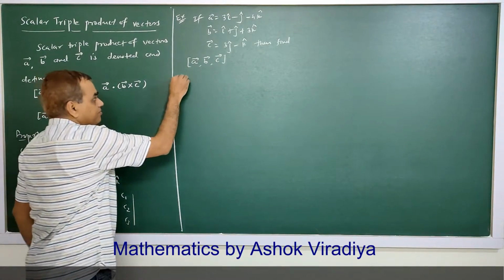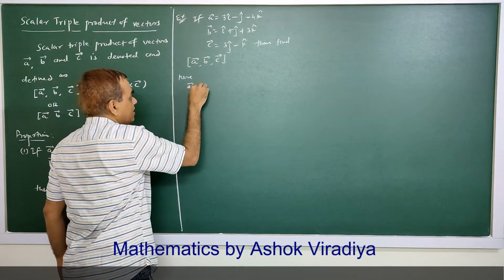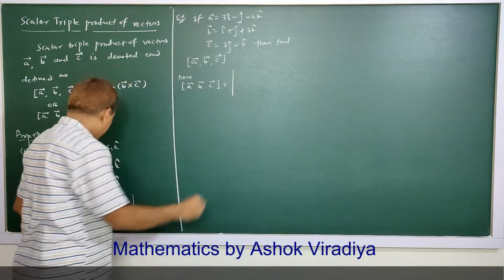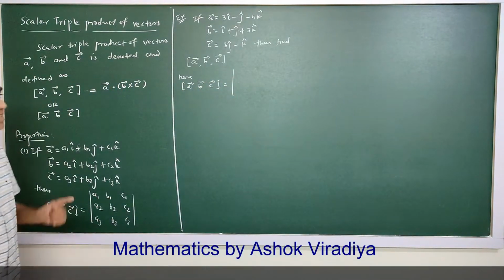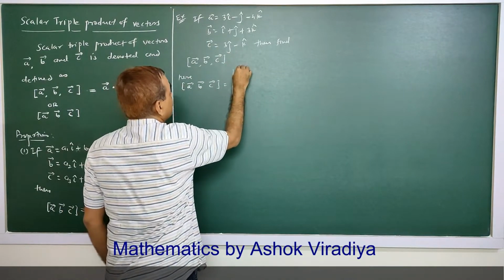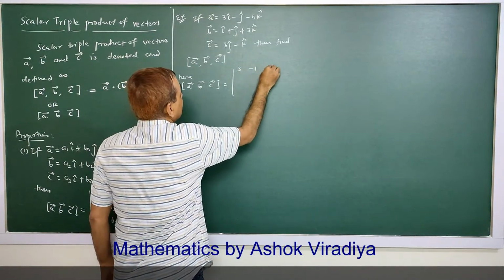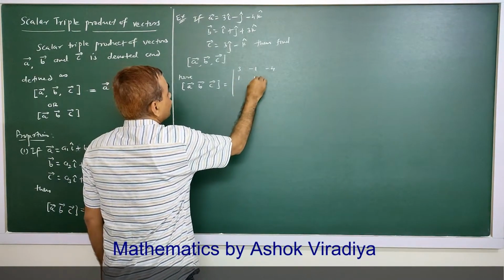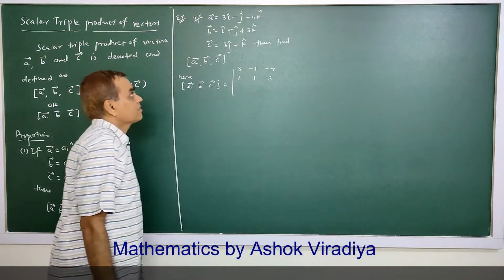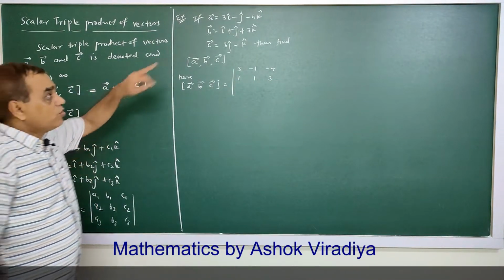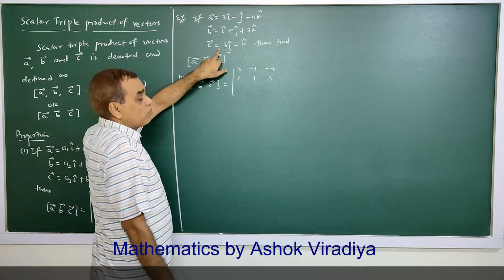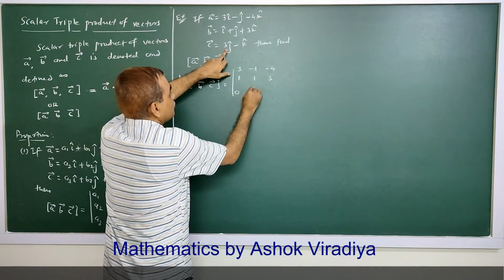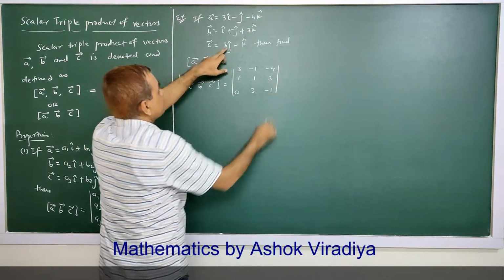So here the scalar triple product of these three vectors is equal to, by this property, the determinant with first row 3, minus 1, minus 4, second row 1, 1, 3, third row, see here the first component is 0, there is no vector i, so 0, 3, minus 1.